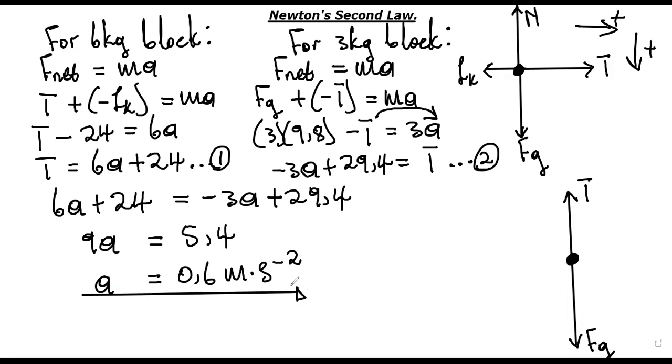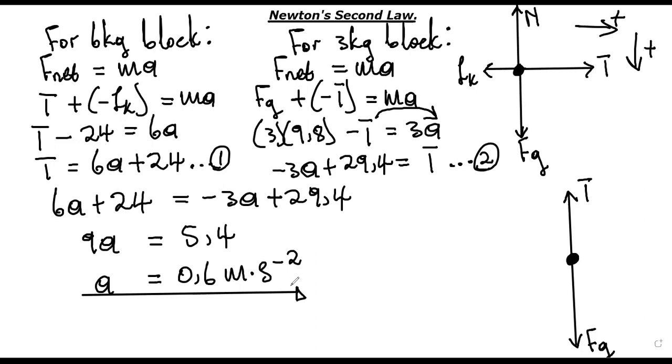So this one, they can ask it in one of three ways. They can say, calculate the magnitude of the acceleration of the 3 kg block as they did. Or they can say of the 6 kg block, or they can say of the system of these two blocks. So the approach is exactly the same.